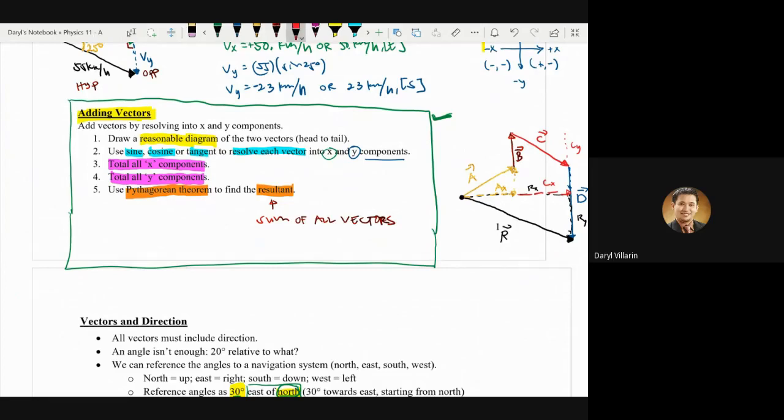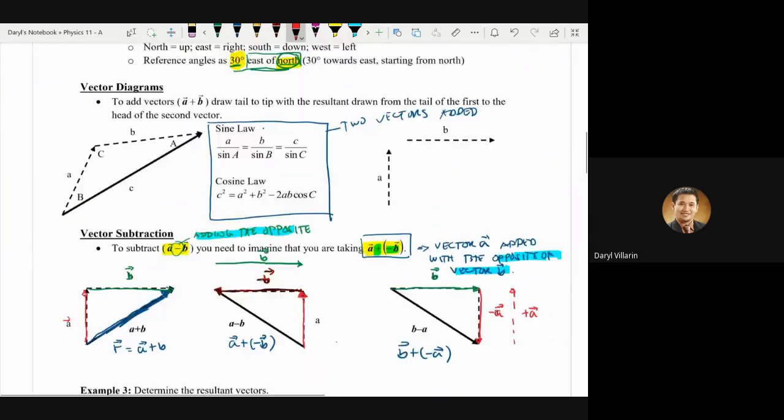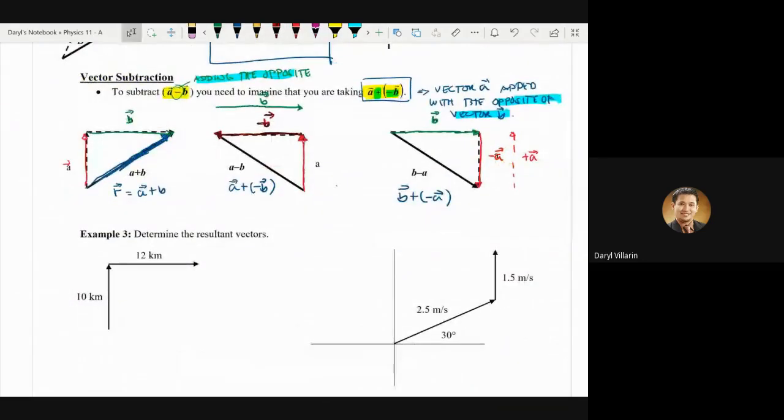We started with the first vector, added with the second vector. We place it at the end of our first vector, and then draw our next vector, and so on and so forth. So make sure that if you see a subtraction symbol in your operation, that is just the same thing as adding the opposite.